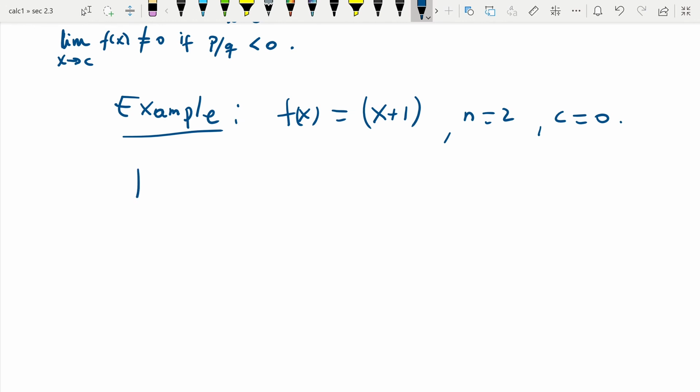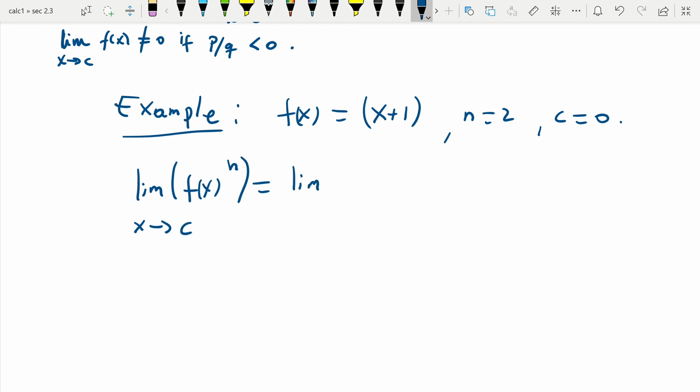Then this power law tells us about the limit of f of x to the n. I'm just going to write out everything here to make sure that we understand what we're doing. So inside the limit we have f of x to the n, and n is equal to 2. So we'll just substitute everything here.